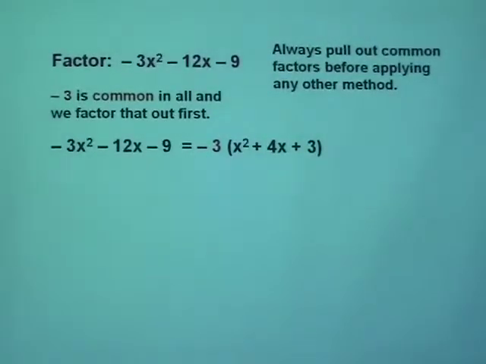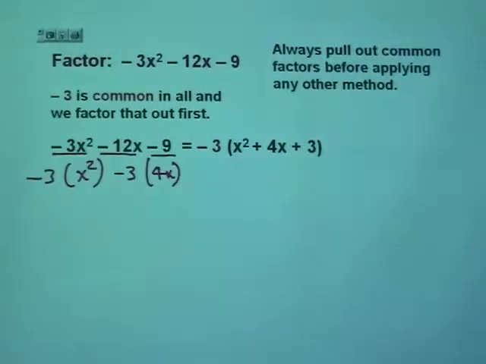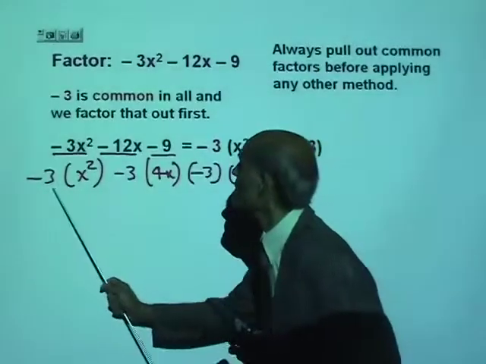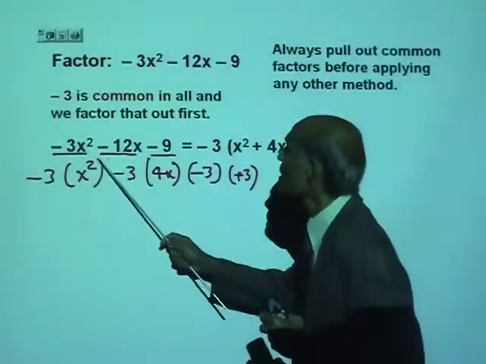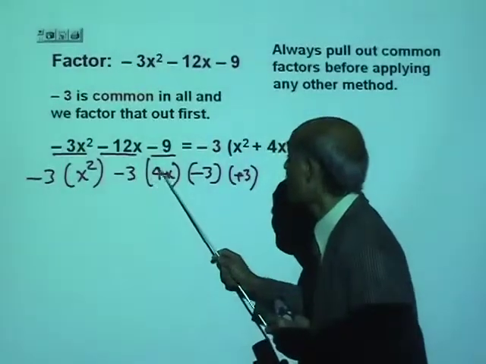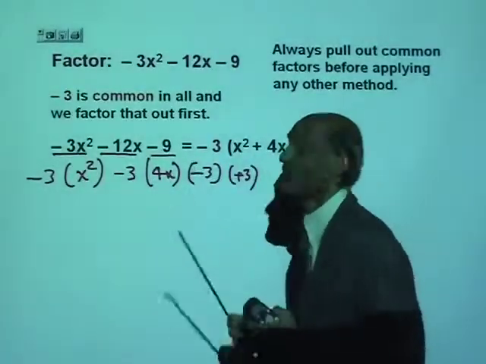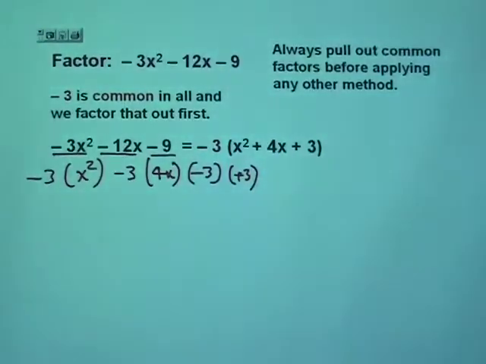Because negative 3x squared is negative 3 times positive x squared, and negative 12x is negative 3 times positive 4x, and negative 9 is negative 3 times positive 3. You see that? So we took the negative 3 as common, and what is remaining is x squared plus 4x plus 3. And that is the first step. Pull out the common factor.